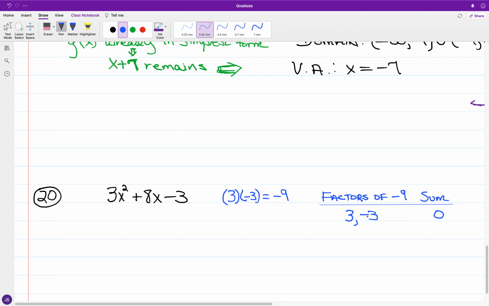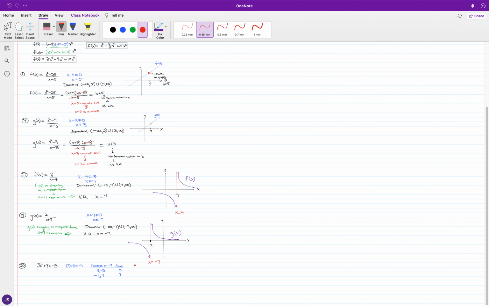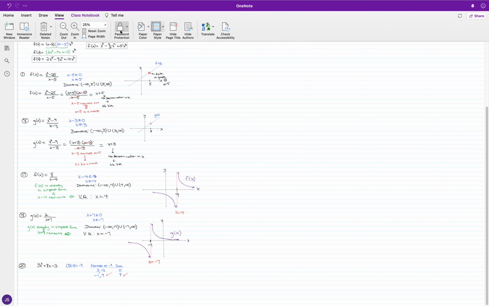If I place the negative factor in front, say negative 1 and 9, negative 1 times 9 is negative 9, and negative 1 plus 9 comes out to positive 8. So this will be the combination that we seek here.